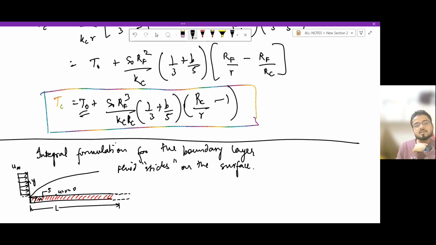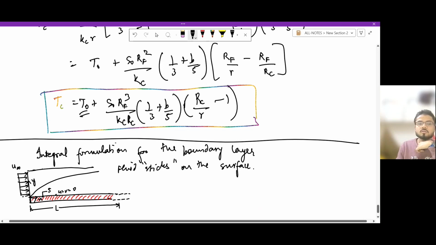So since this velocity is 0, and assuming a certain domain, let's call this domain, you see the overall mass flow rate coming from this area, let's call this distance d.